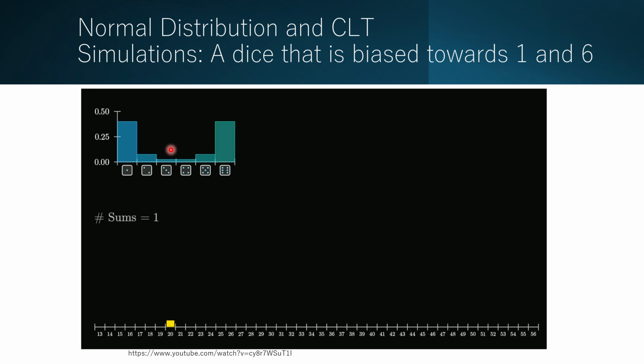So the population distribution is not a normal distribution. It is far from even. It's clearly uneven. But if we roll the die many times and take the average each time, then something interesting can happen. So let's look at this animation.